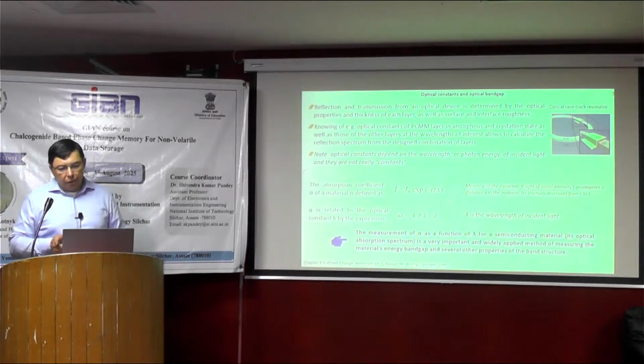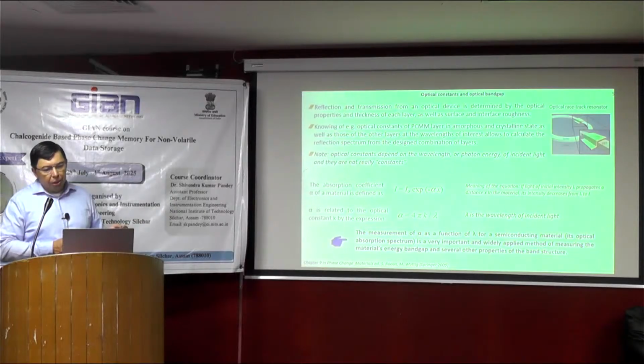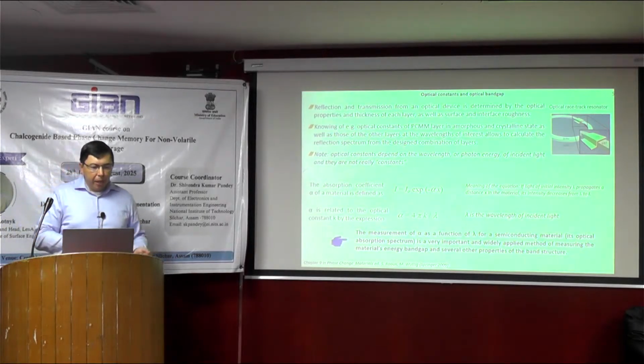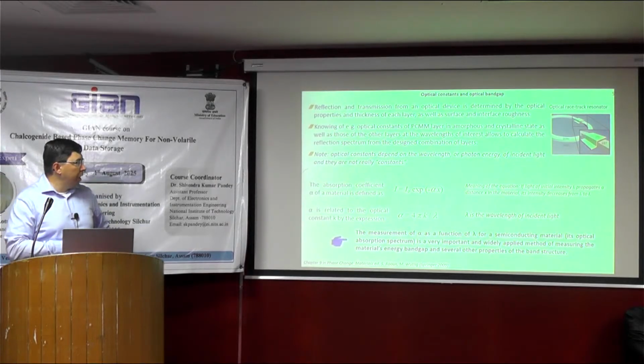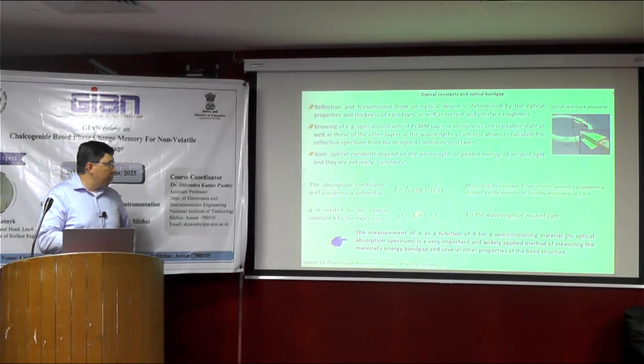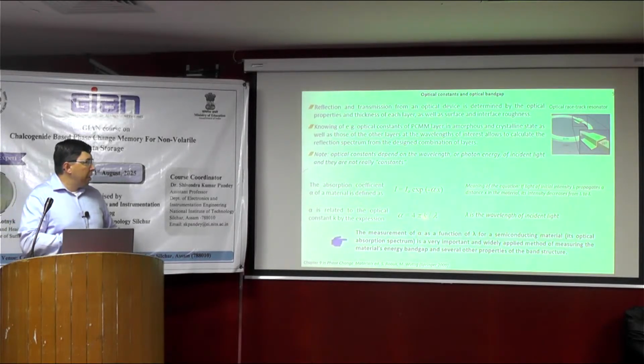The refractive index indicates how much light bends when entering a material, while the extinction coefficient quantifies how strongly the material absorbs light. The extinction coefficient is related to the absorption coefficient by this equation: alpha equals 4 pi k, divided by the wavelength of the incident light.